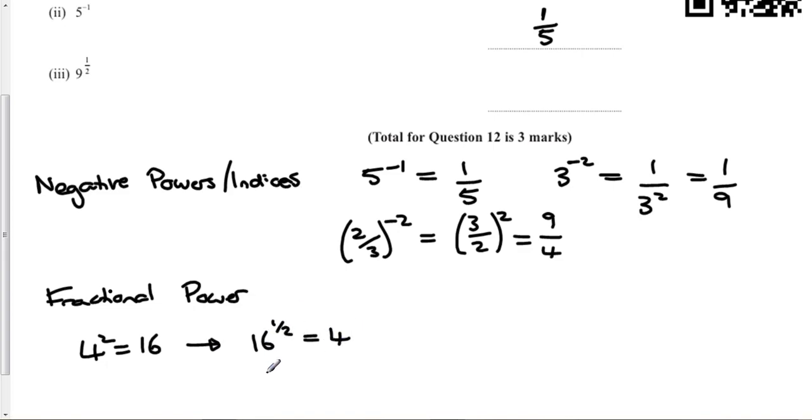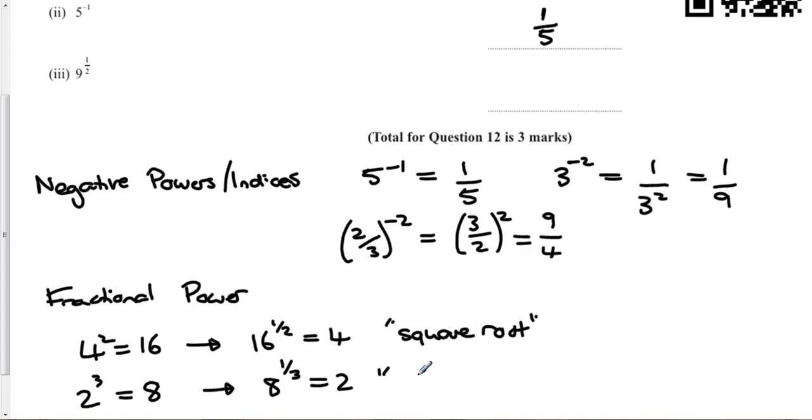So half is the square root. If I did 2 to the power 3, that's 2 times 2 times 2, that would be 8. So 8 to the power 1/3 would be 2. So this one here is square root, and that's the power half, and this one here is the cube root.